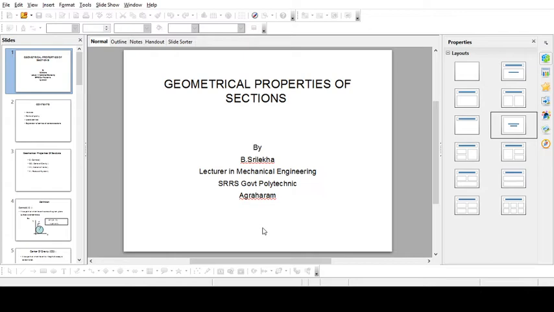Now if I want h, then it is simply under root of I by A. So k is equal to root of I by A, where k is the radius of gyration, right?